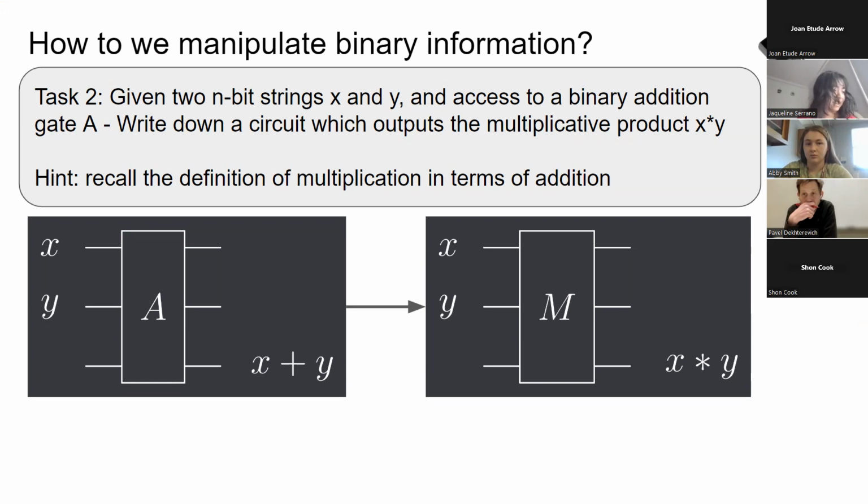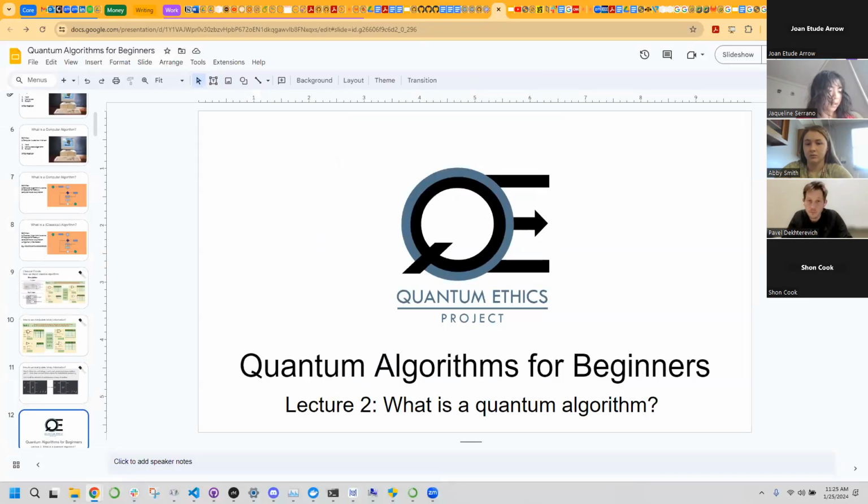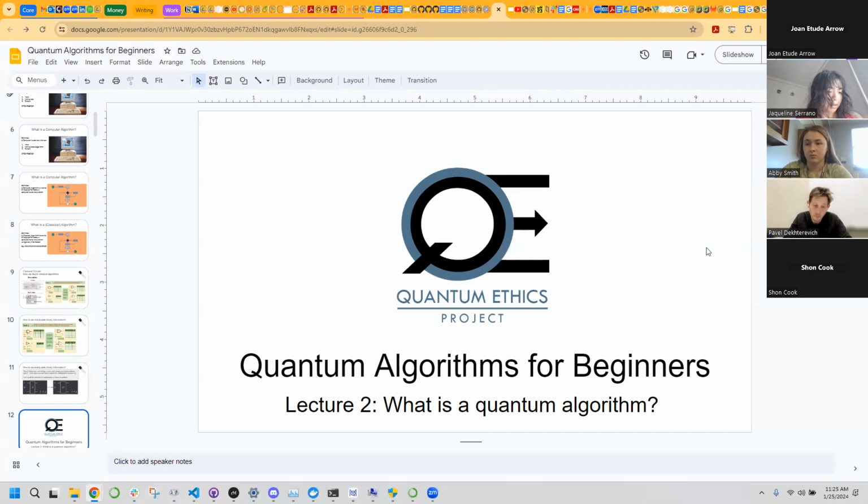Sure. How did it work? I wrote down initialize a result variable to 0, then add the x value to the result and repeat y times. And then at the end, the sum is the product of x times y. I don't know if I did it right. You basically added x to itself y times.